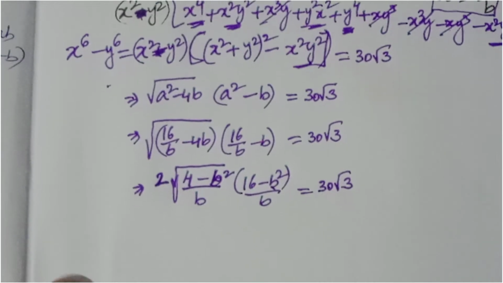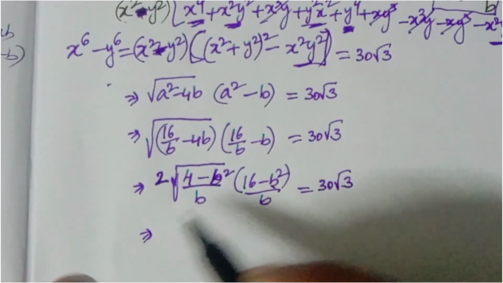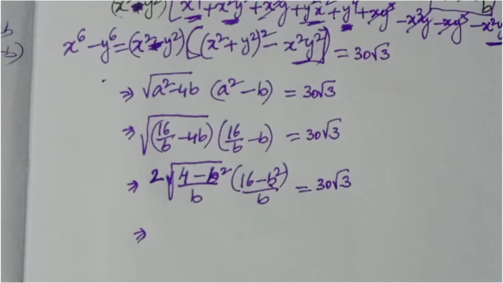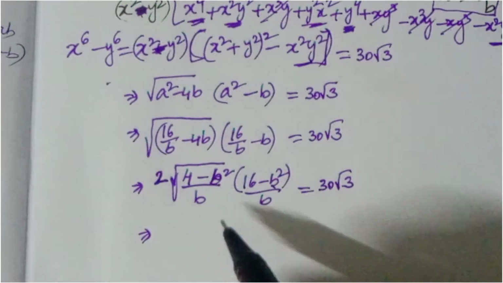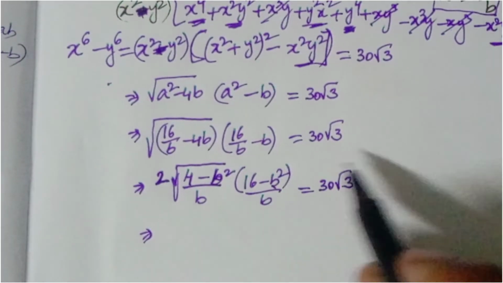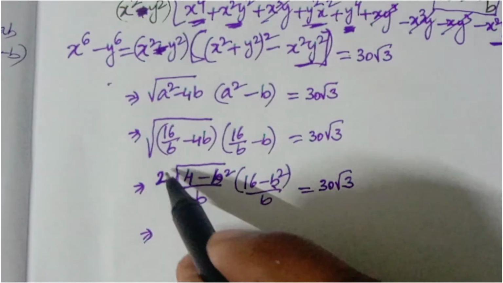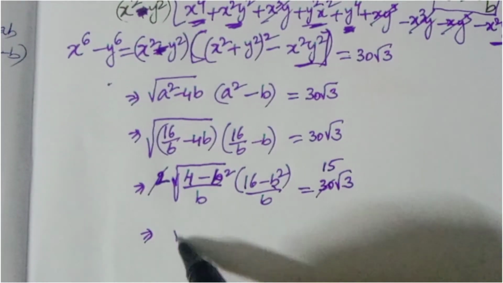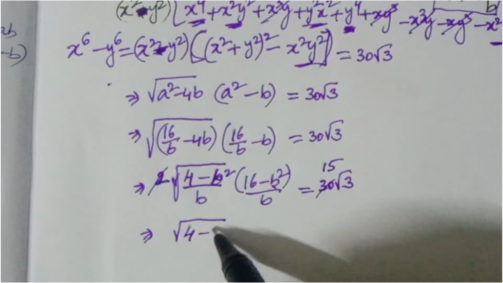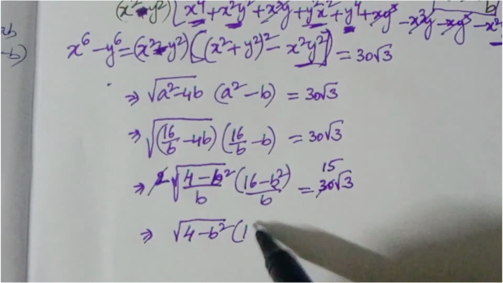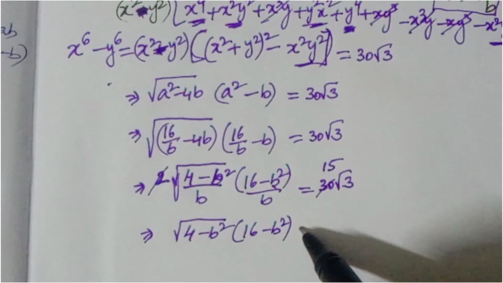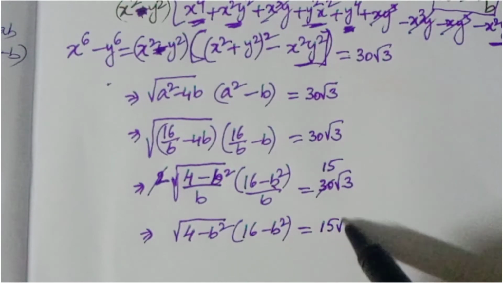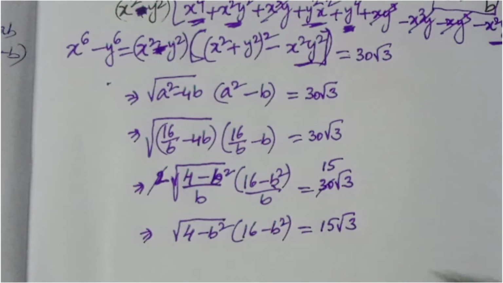So what will we get here now? Up to the end you watch the video, very very important. Here 2 will go to that side, so 2 will cancel and we get 15. Now root of (4 minus b square) into (16 minus b square) is equal to 15 root 3.